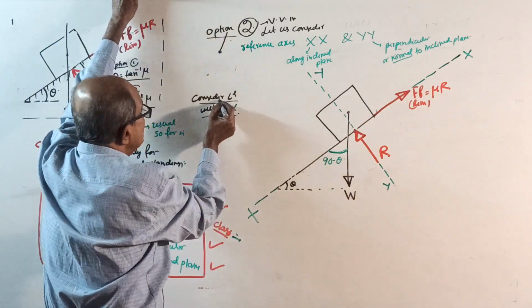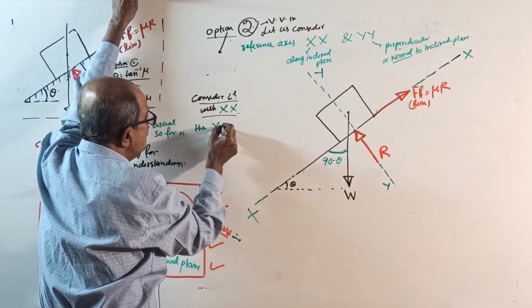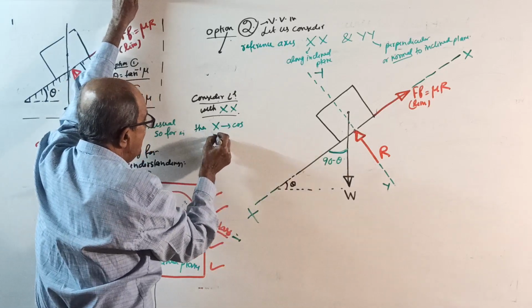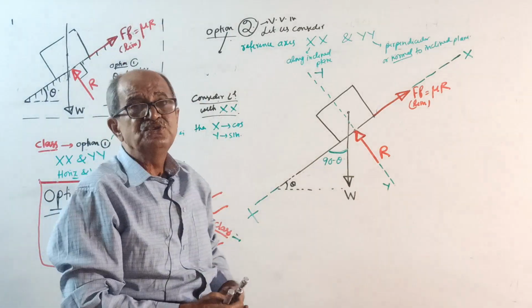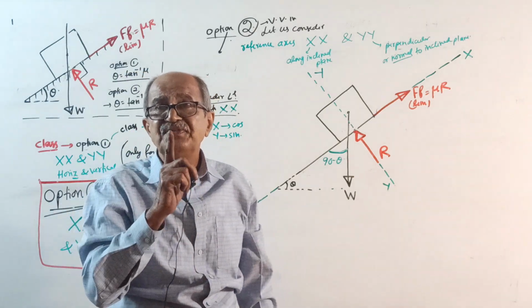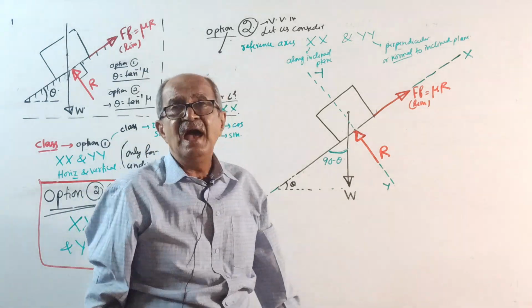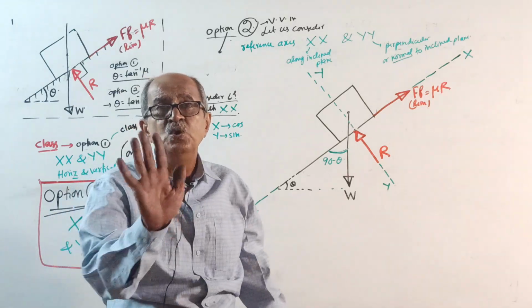Remember, consider the angle with XX, then what happens? X component is cos and Y component is sin. Be careful. X is cos, Y is sin when you consider the angle with the XX. If you consider the angle with YY, then Y becomes cos, X becomes sin. Don't do it.